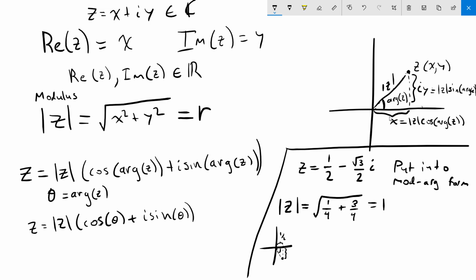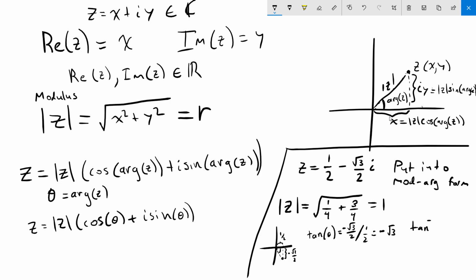This length here is minus root 3 over 2. So the tangent of theta is going to be equal to minus root 3 over 2 divided by 1/2, which is just minus root 3. Make sense?